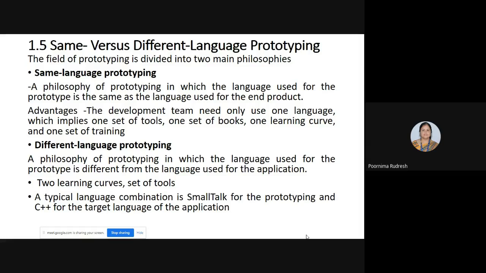If that is the case, then the problem arises, because integration of the final code or the final module is very difficult when the developers use different languages for the implementation. Understood? Any doubt in same language prototyping?